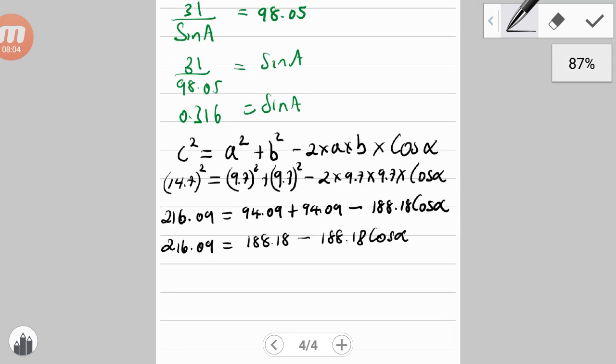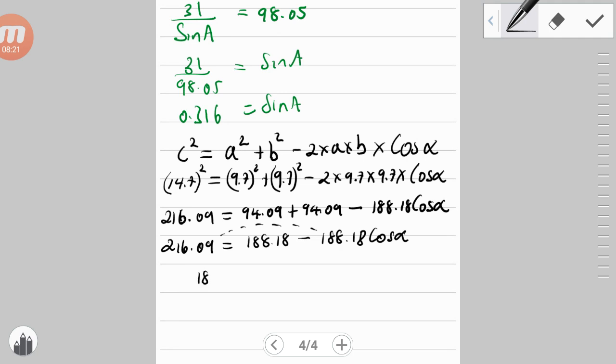What we're going to have to do is some transposition, because we need our subject, which is cos alpha, attached to 188.18, to be positive. At the moment it's negative. So if I do a little transposition and bring it over, I'll end up with 188.18 cosine alpha equal to 188.18, which is this one, and we bring this over, taking away 216.09.